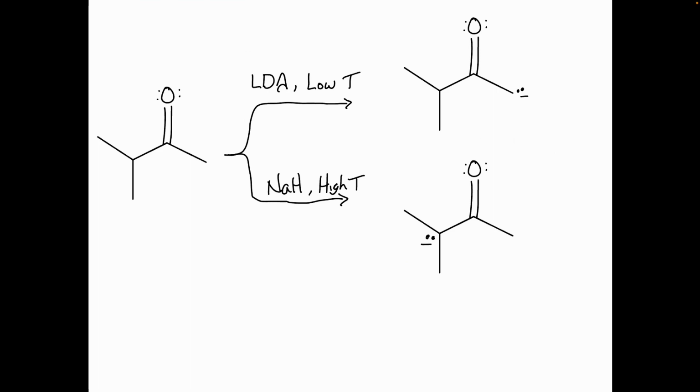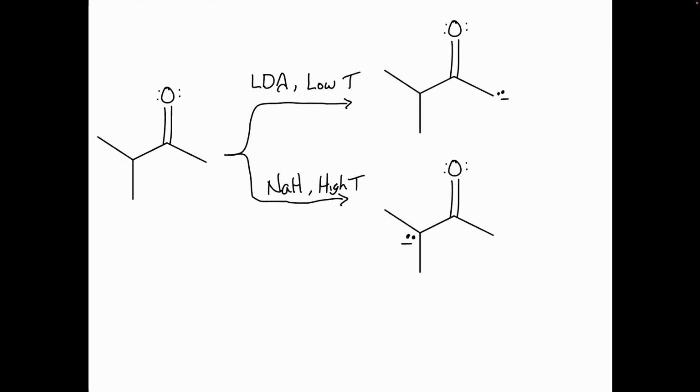Right, so I can make enolates out of regular old aldehydes and ketones, okay, but importantly, these are not Michael donors. Michael donors specifically react at the beta carbon of those alpha beta unsaturated ketones.